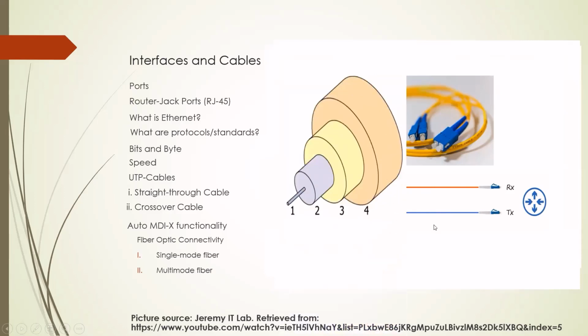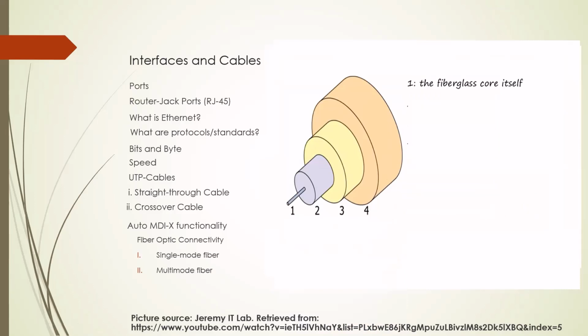Okay, let's look at the structure of the fiber cable itself. It actually has four parts. The very first one is the fiberglass itself, the core. That is what the light is transmitted through.